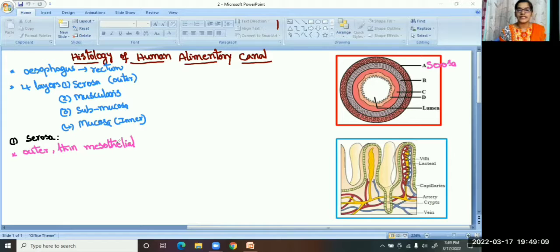Mesothelial cells are the cells which line the visceral organs. The epithelium which lines the visceral organ is known as the mesothelium, and it also has some connective tissue.